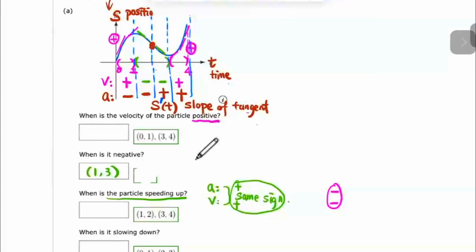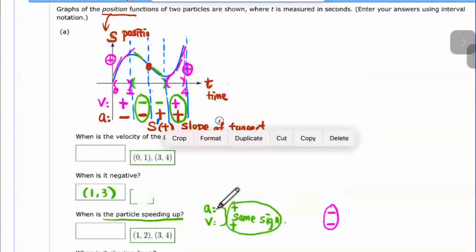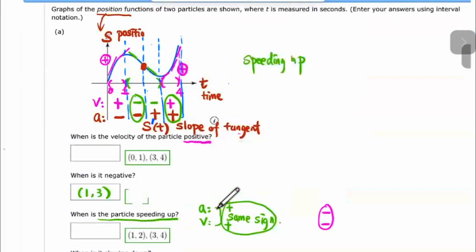Now we see the side chart, okay? Now when will the acceleration and velocity have the same sign? It's going to be over here and over here. So therefore, it's going to be from 1 to 2, speeding up, and then also from 3 to 4.